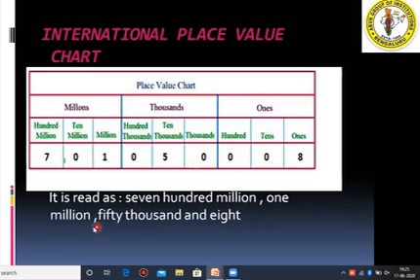Here, 700 million is wrong. It is 701 million 50,008. So this is how we learn the international place value chart.